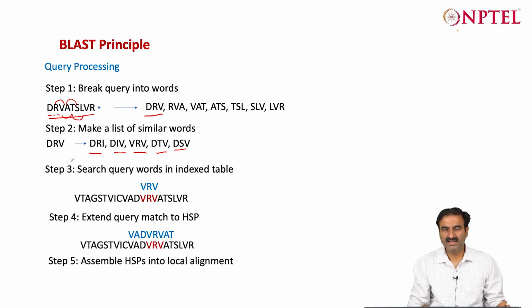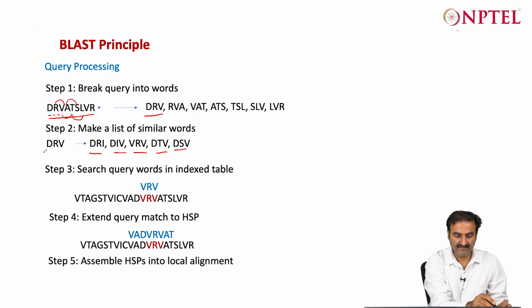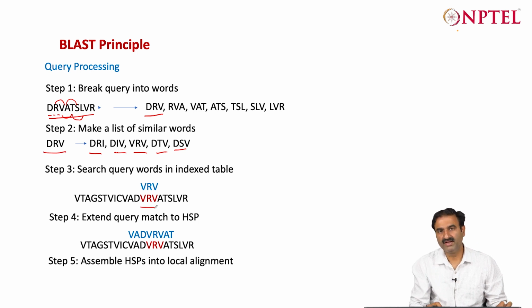Then in the database protein, it will try to match that seed. For example, here it was DRV in the query protein, whereas in the database it is VRV. So VRV can be matched with DRV, but it is not the exact match, but a partial or similar match. That will be given a score. If you get the best match, you will get the highest possible score.